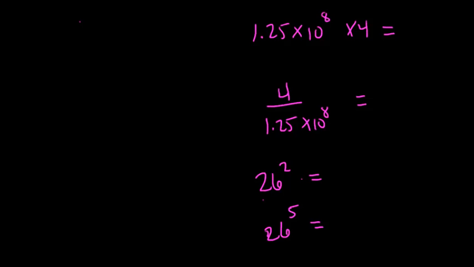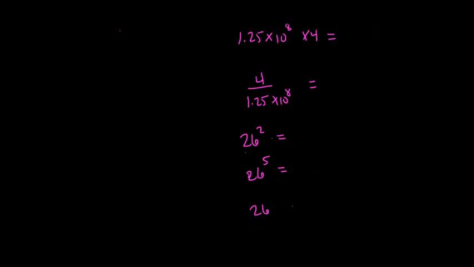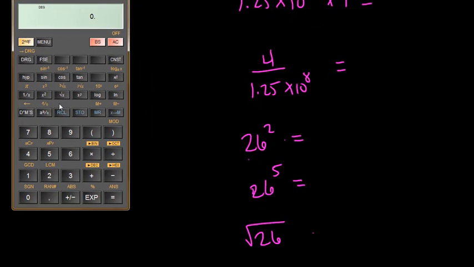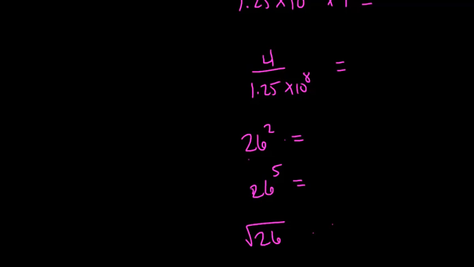What about roots? Can we figure out the square root of 26? Most calculators in fact will have a square root button. So we see here we have our square root button. If we put in 26, click our square root button, this tells us the square root of 26 is 5.099. If you do not have a square root button, that's okay, because the square root is mathematically equal to saying 26 to the power of 1/2.